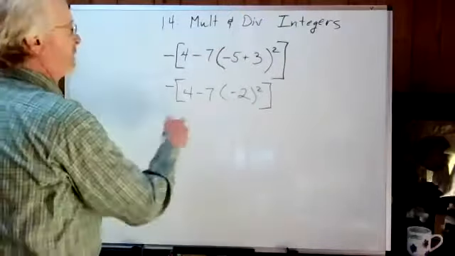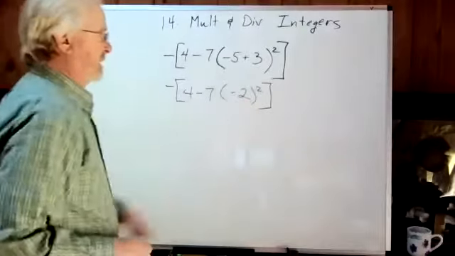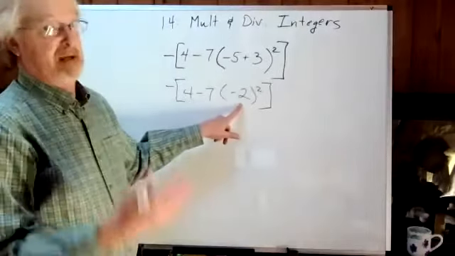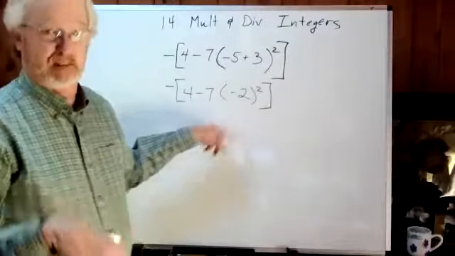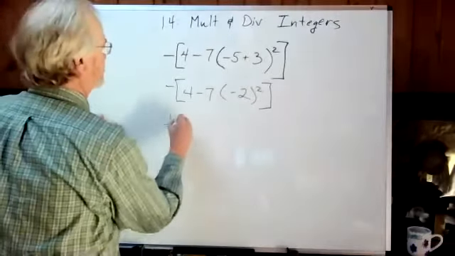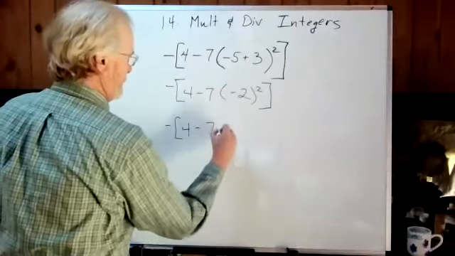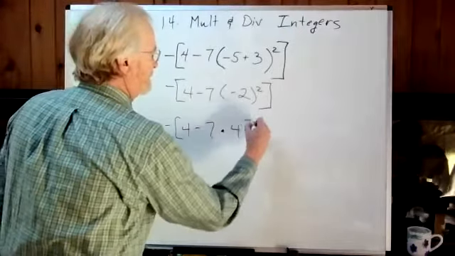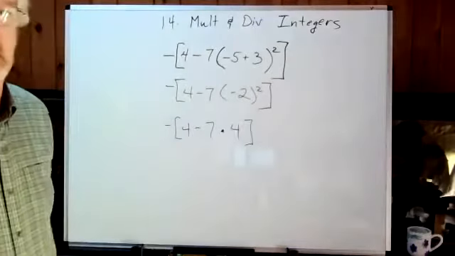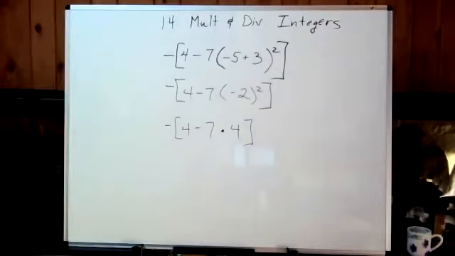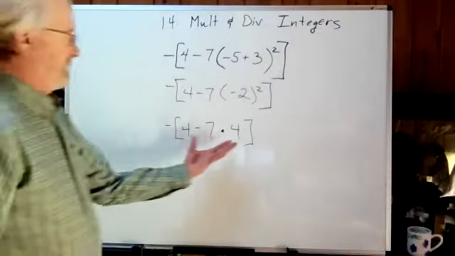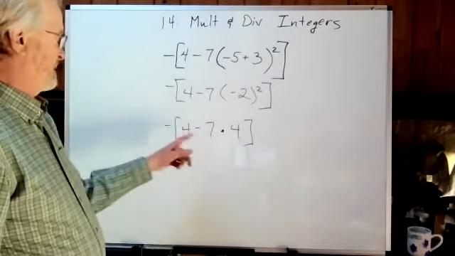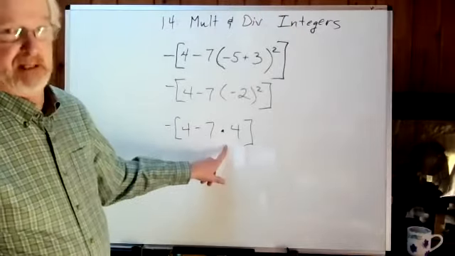All right, so here we go. The exponents, I'm going to square. This means -2 times -2, +4. And I don't really need the parentheses anymore, but if you like them, you can put them in there. Now it's 7 times 4. Now, still inside brackets, I have a subtraction and a multiplication.